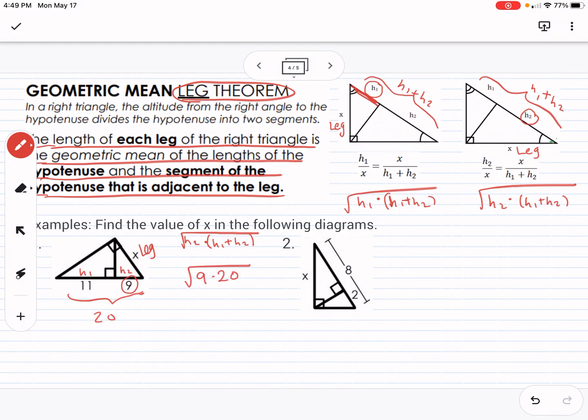And I'm going to square root it. So this is going to be square root of 180. Now I'm going to look for my pairs. I have a pair of 3s, a pair of 2s, and a 5 left over. So my answer is going to be 6 root 5.